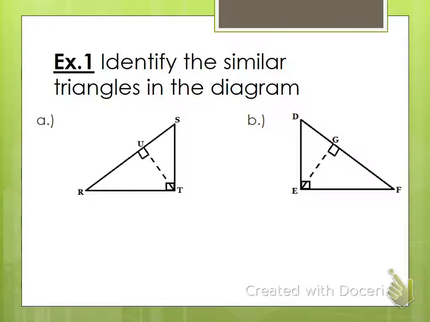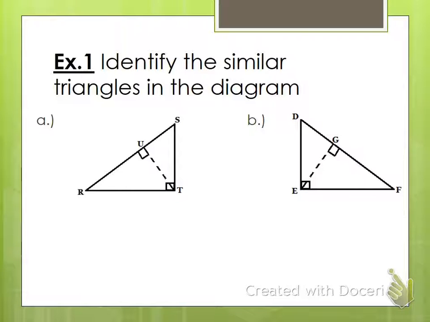If it helps you to give angle measures to these different angles, R and S, and the little angles up at T, you can do that. If you don't feel like you have to, that's fine. We don't know that for sure.